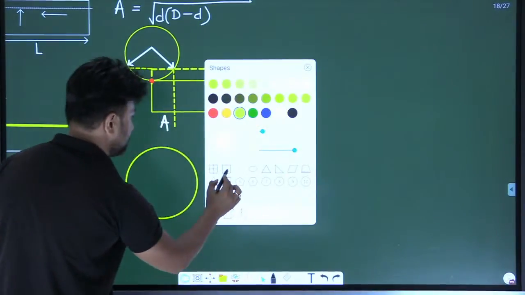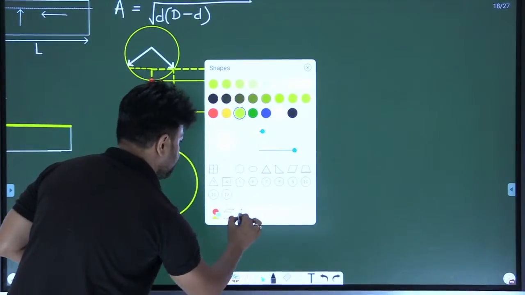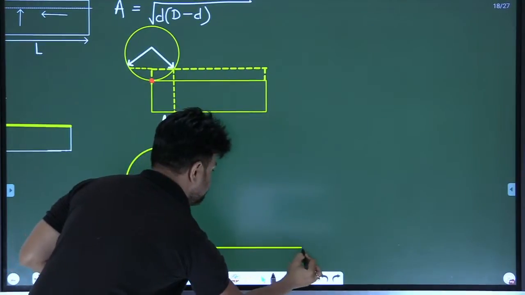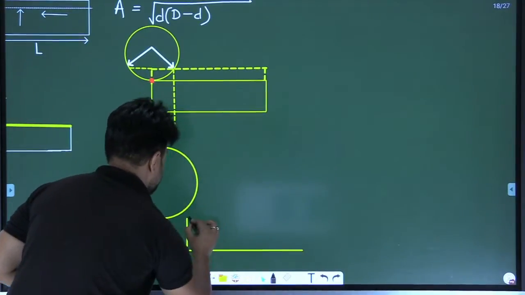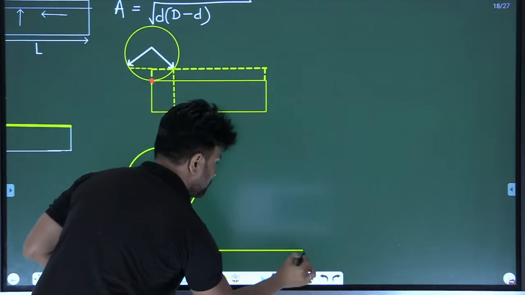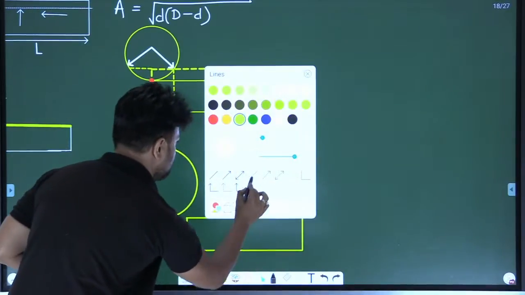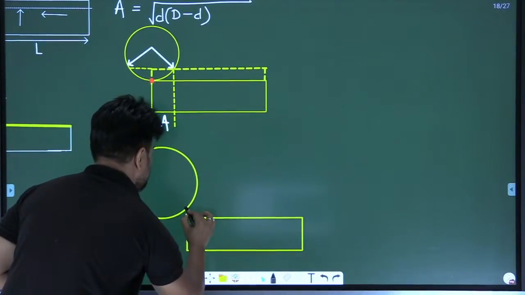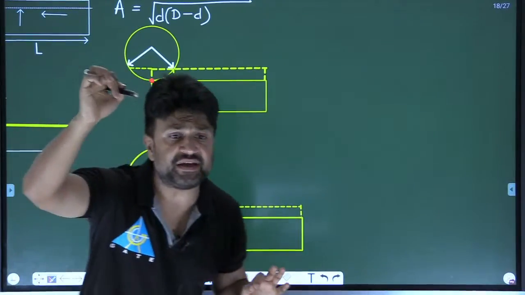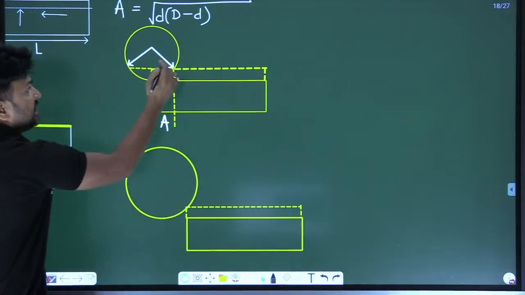The meaning of the dotted line is that much material you remove.